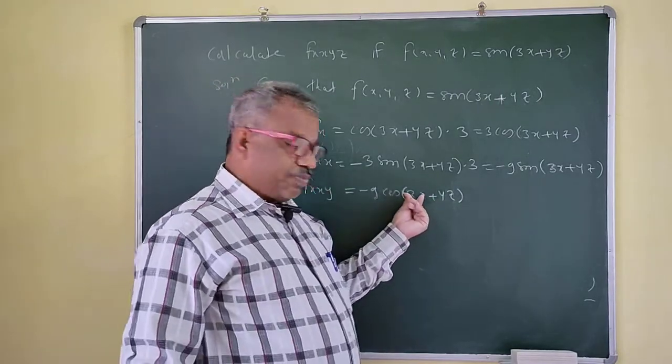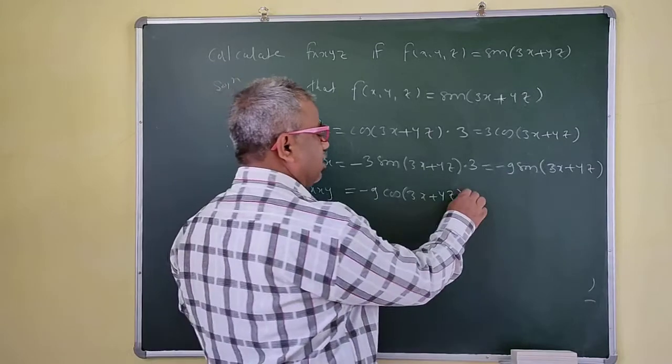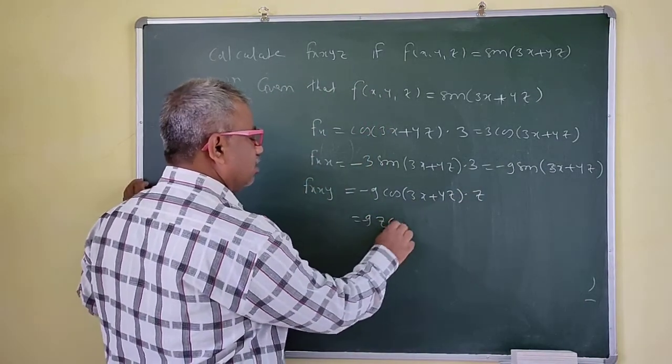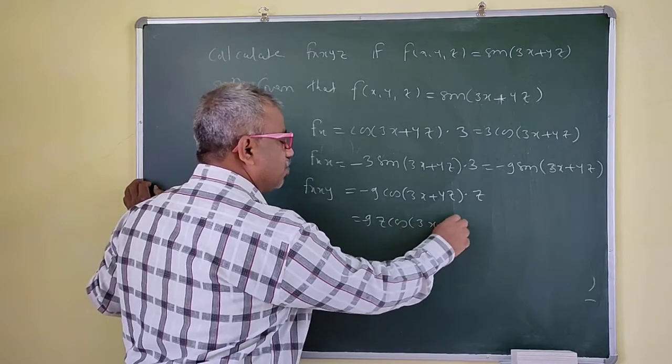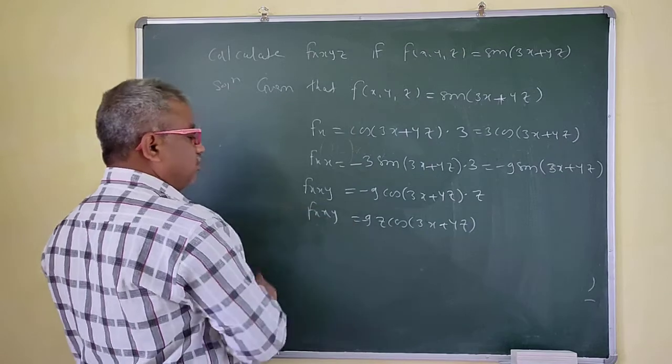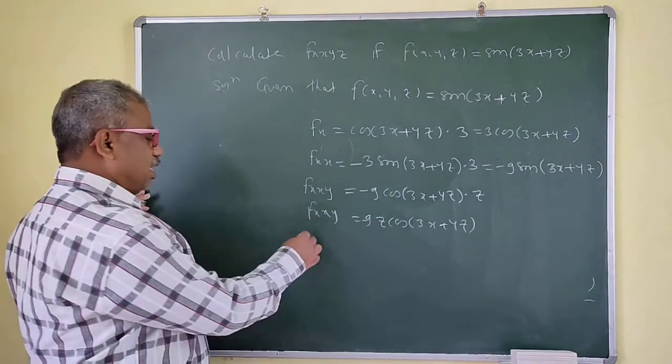The derivative of 3x is 0, and the derivative of yz is z. So this is minus 9z cos of (3x plus yz). So this is your fxy. Now we have to differentiate with respect to z.